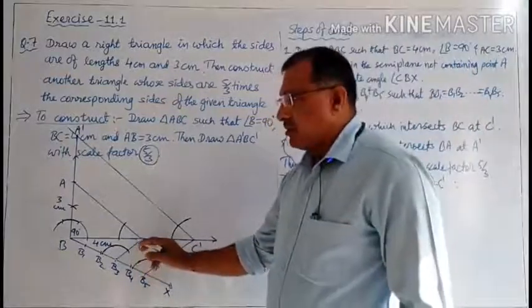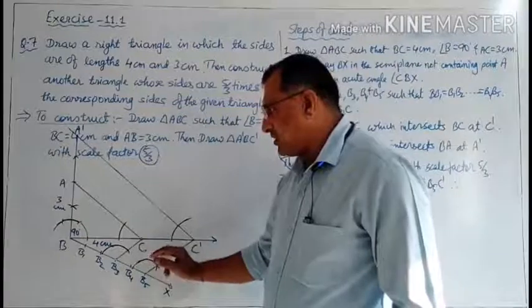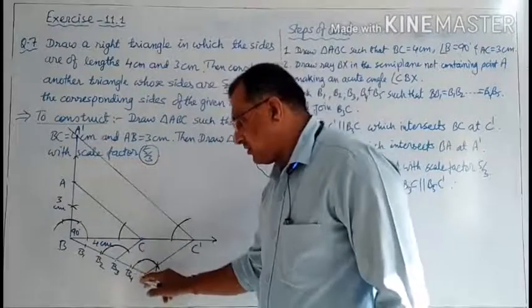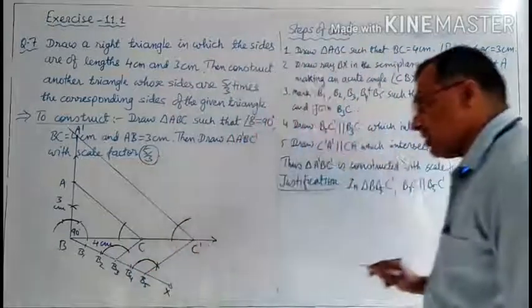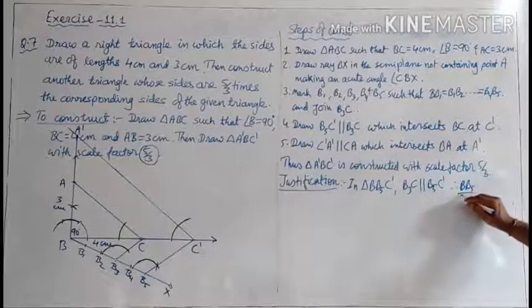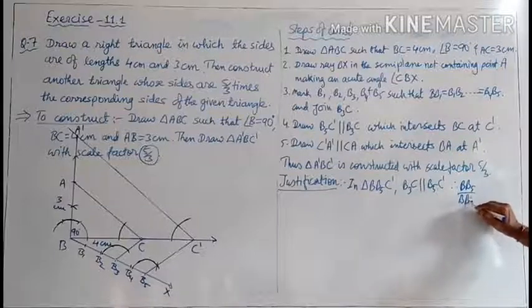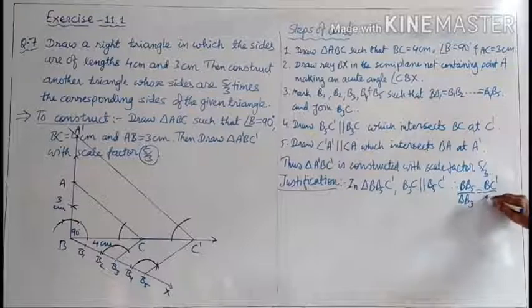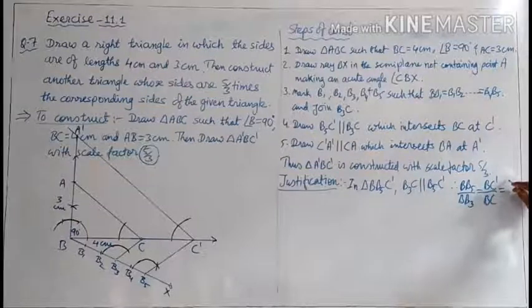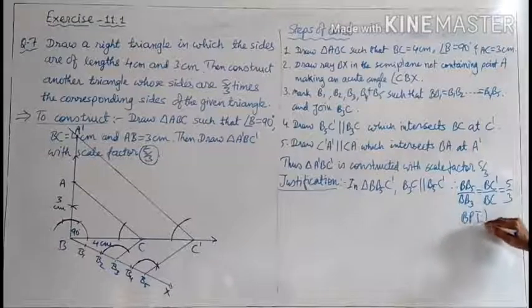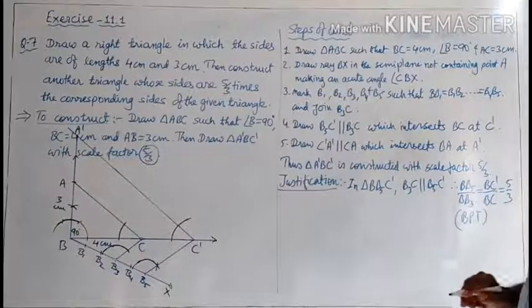According to Thales theorem, basic proportionality theorem, when this is parallel to this, the ratio of this is same as the ratio of this, that is BB5 divided by BB3 is equal to BC dash divided by BC, and this ratio is 5/3.